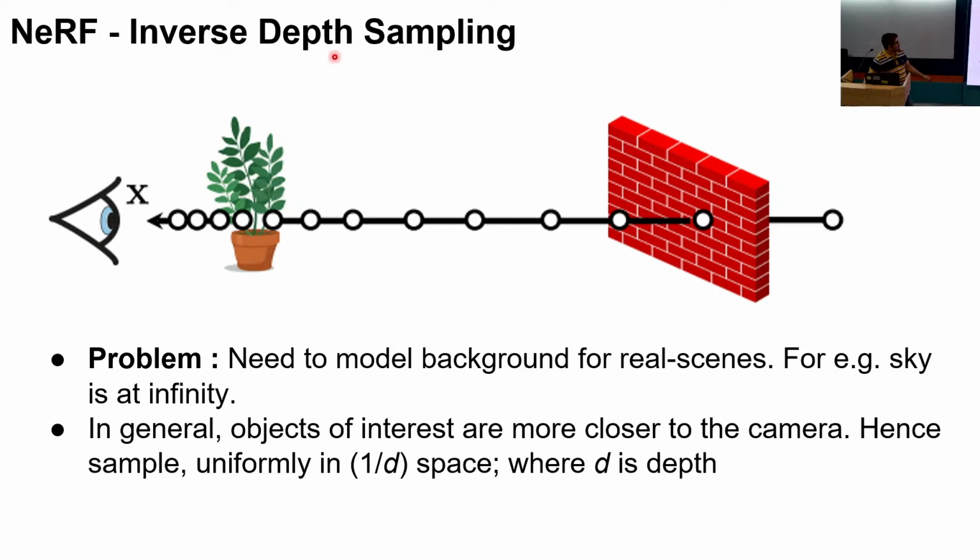This is called inverse depth sampling, and it is very useful for real world scenes. If you train any Instant NGP or any NeRF architecture, you can specify which kind of sampling you want, and even data loaders are different depending on whether you are working on synthetic objects or real world objects.